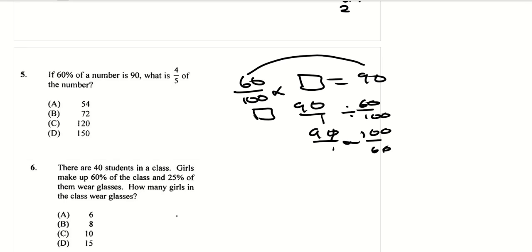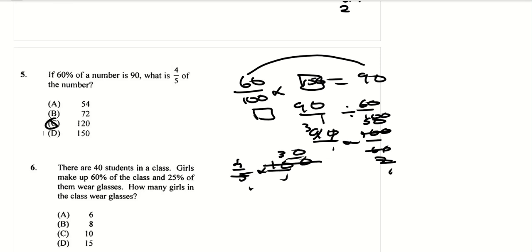Cross out, 3 could go into 6 2 times, 3 could go into 9 3 times. 2 into 2, 1, 2 into 100, 50. 5 3s are 15. So that some number is 150. 4/5 of 150 would be 5 into 5, 1, 5 into 15, 3, 4 by 30 is 120. So the answer is C.